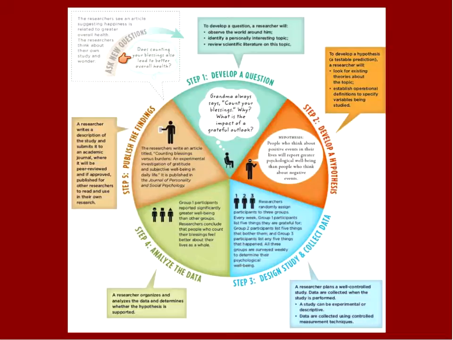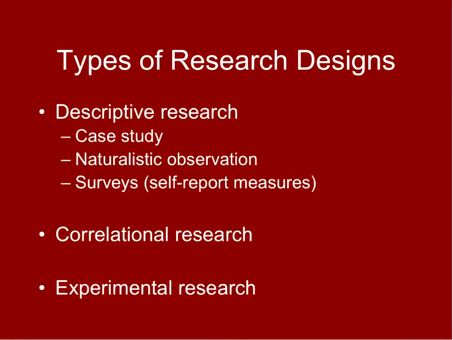So I'm hoping that none of that is new to you guys, and terms like hypothesis and so forth are familiar to you. What we're going to talk about a lot this morning is the various different options you have for how you're going to design the study that you want to do. We're going to talk about 3 major types of research designs.